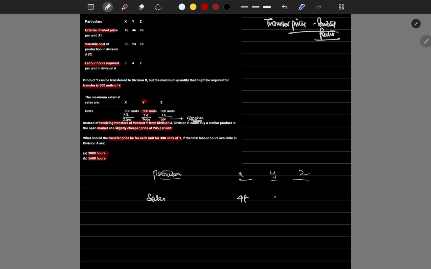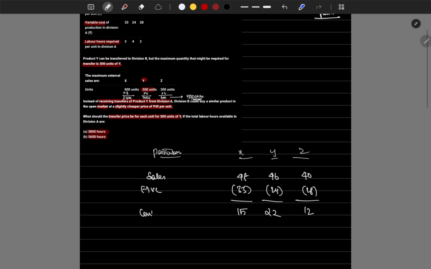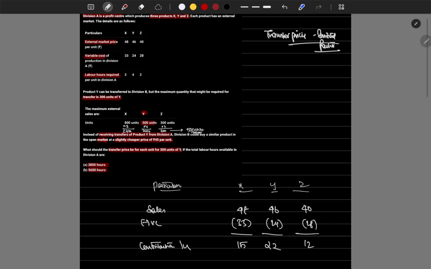Sales 48, 46, 40, minus variable cost 33, 24, 28. 48 minus 33 is 15, 46 minus 24 is 22, 40 minus 28 is 12. This is the contribution per unit.